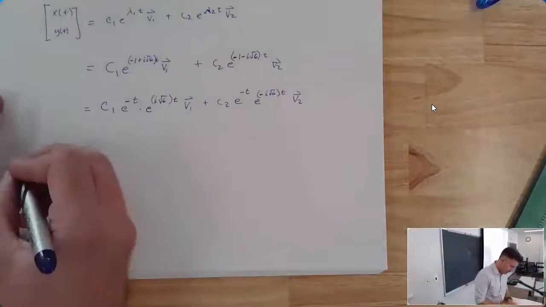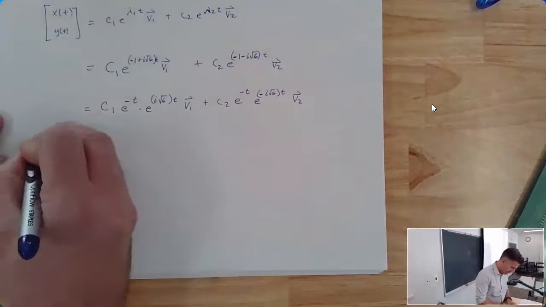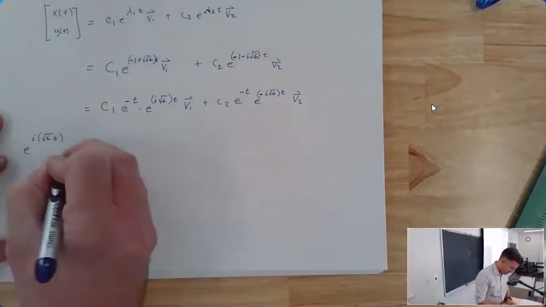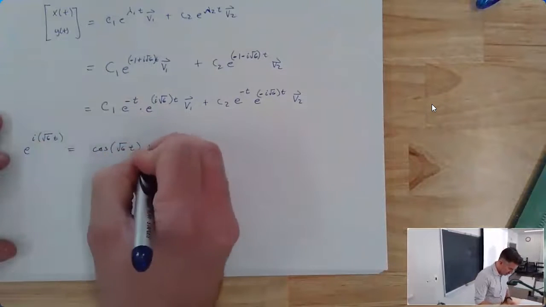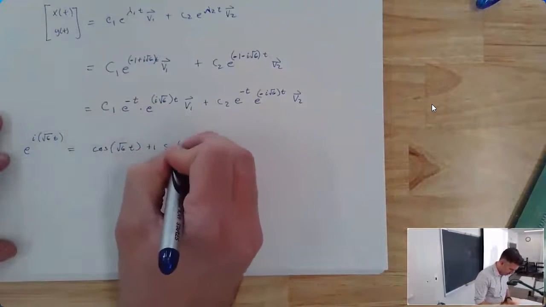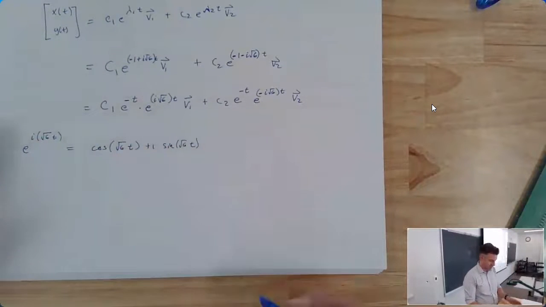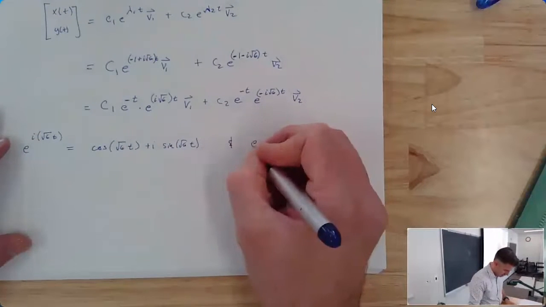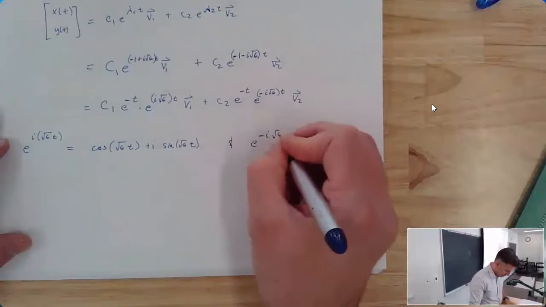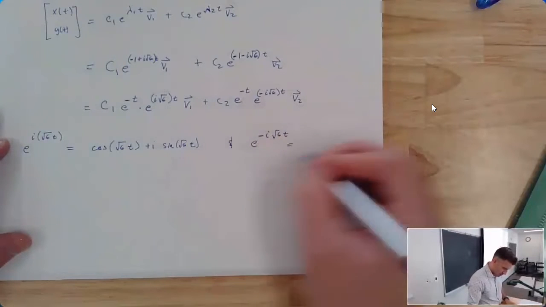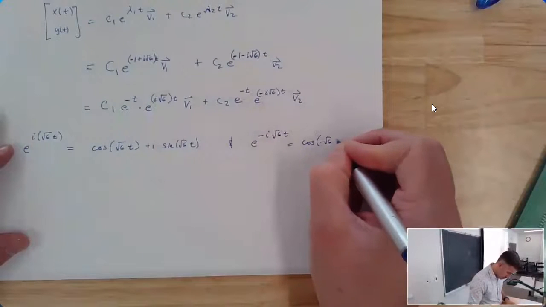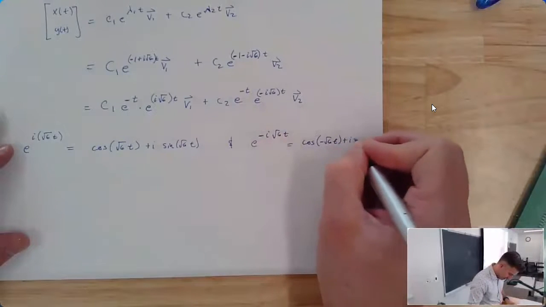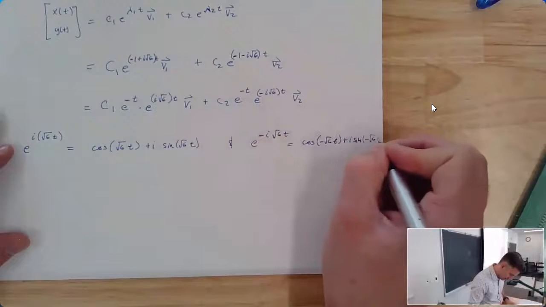So e to the i times the square root of 6t is going to be cosine of the square root of 6t plus i times sine of the square root of 6t. And similarly, e to the negative i square root of 6t is going to be cosine of negative root 6t plus i sine of negative root 6t.